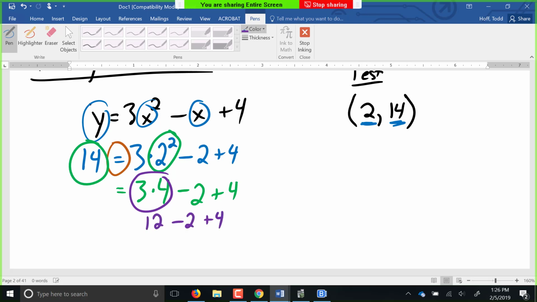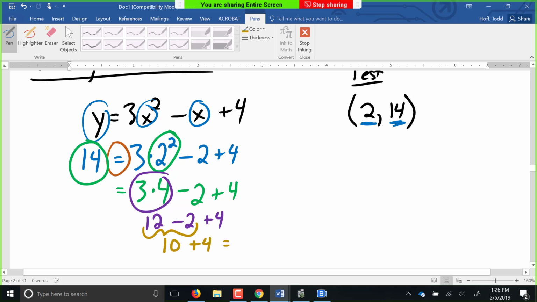And then subtract, 12 minus 2 is 10. 10 plus 4 is 14. We get the same value on both sides. (2, 14) is a solution to that equation.